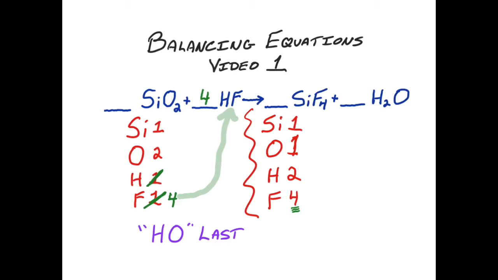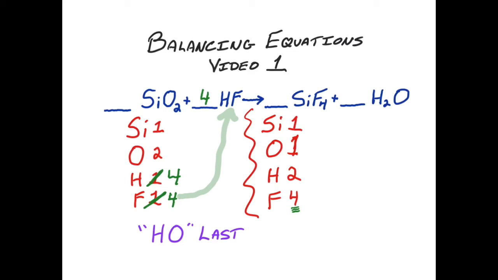I balanced F. But now I have to account for anything I messed up. And I did. I messed up H's. I now have 4 H's. So I balanced F. I adjusted for the element that I messed up, the H that was attached to the F. I didn't do anything with the Si. I didn't do anything with the O's.